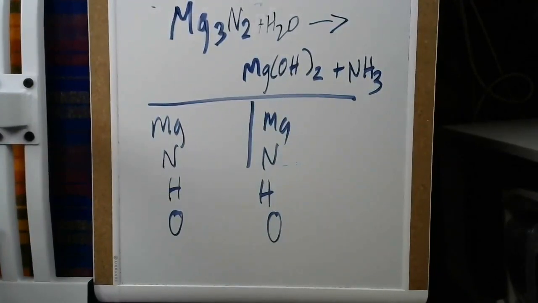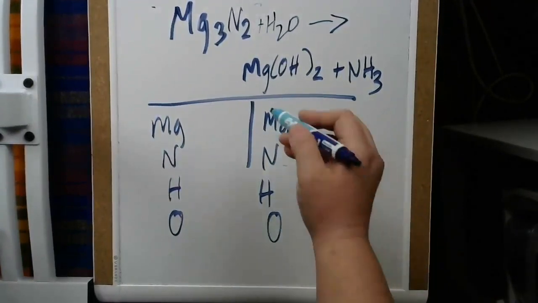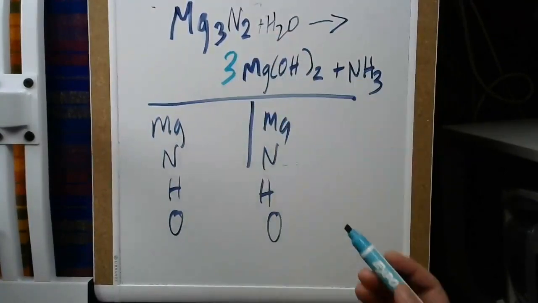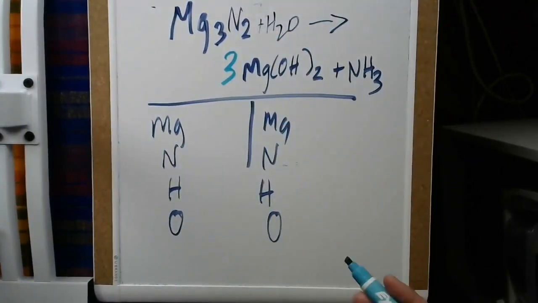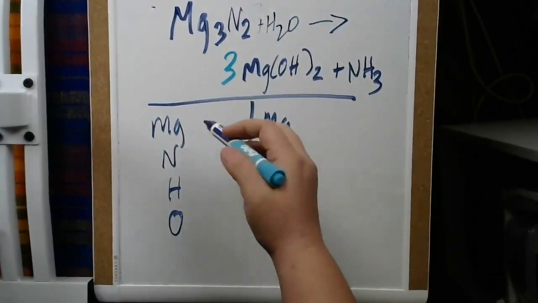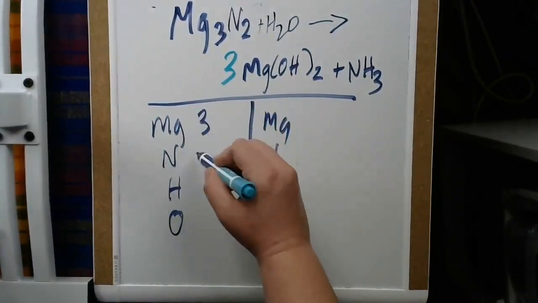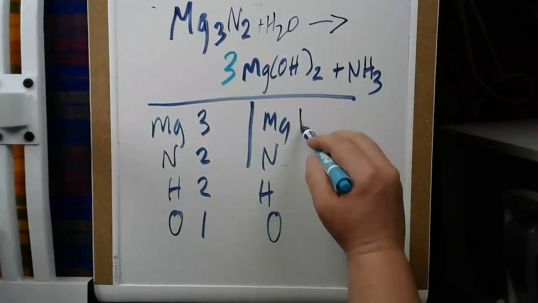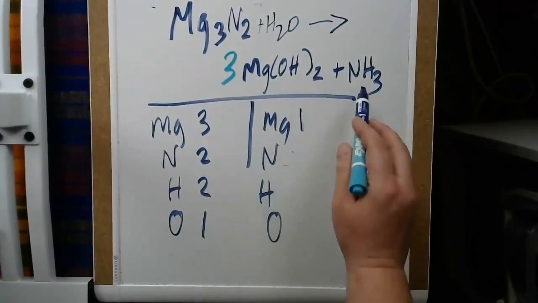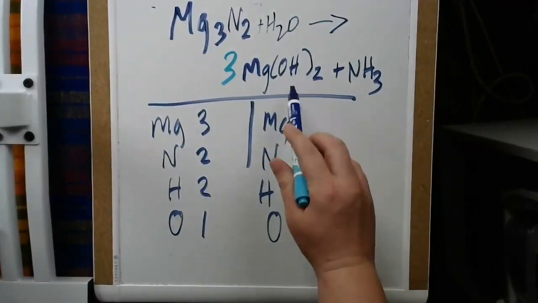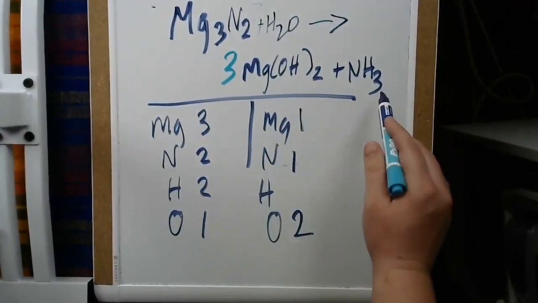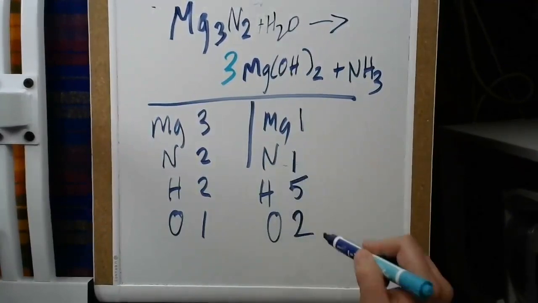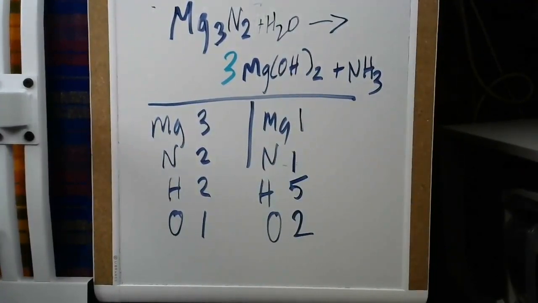So I am going to put a coefficient of 3 in front of that MgOH2 and, oh, I didn't put my tally in. Hold on, let me do that real quick. 3, 2, 2, 1, 1. Okay, so hopefully that makes sense to you where all that came from.